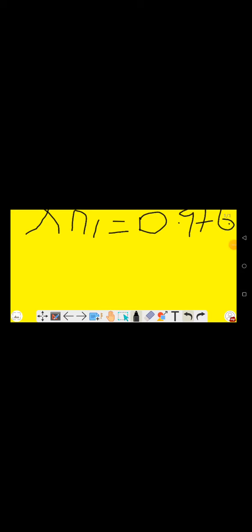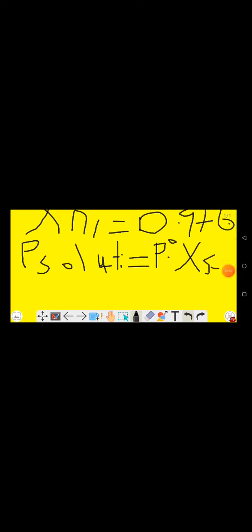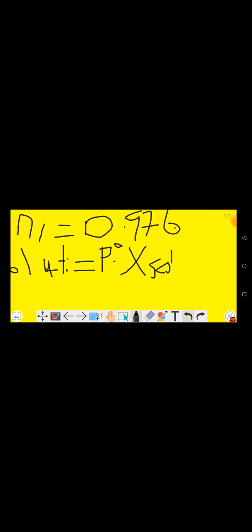So now we have the mole fraction, and from our equation, the vapor pressure of the solution is equal to the pure vapor pressure of the solvent multiplied by the mole fraction of the solvent.